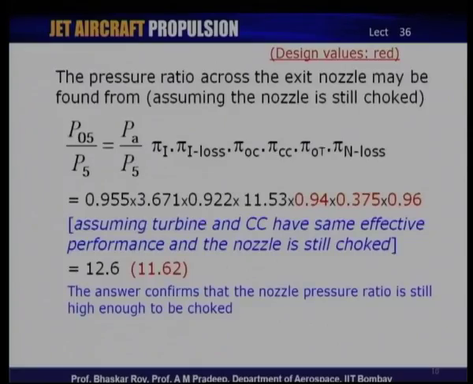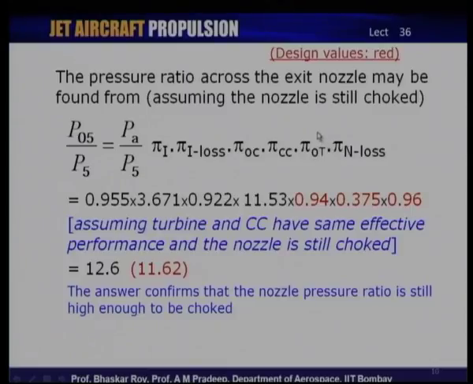If we now continue, we can find out what the pressure ratio across the exit nozzle may be from all the pressure ratios that we have put together. We have the intake pressure ratio, we have the intake pressure recovery factor, which we have called pi I loss. Then we have the pressure ratio across the compressor, we have the pressure ratio across the combustion chamber, which is nothing but pressure loss across the combustion chamber.